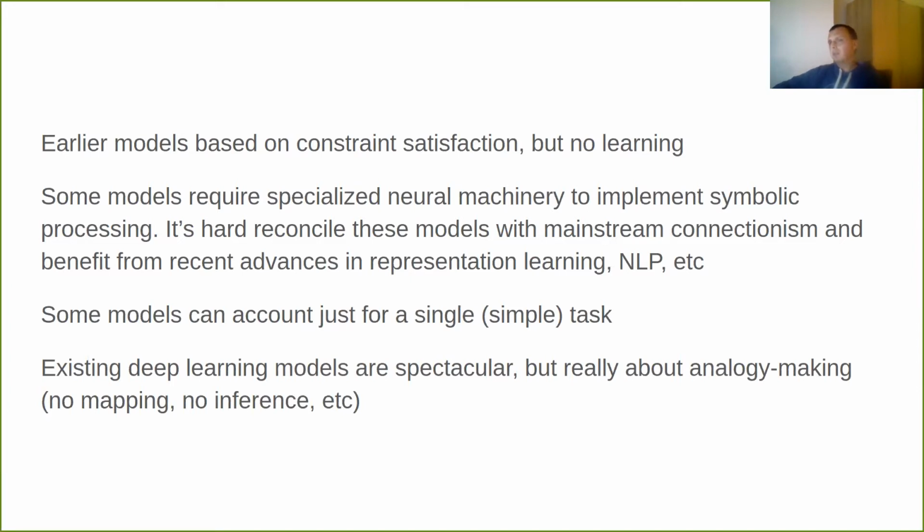Some of the other models I mentioned, I already said this actually, they work well, but just for a single, usually simple task. So they're not really accounts of analogy making in general, but they're modeling a particular analogical task, which is not bad, of course. That makes sense. But what we're looking for today is a more general, more universal solution to explaining analogy making.